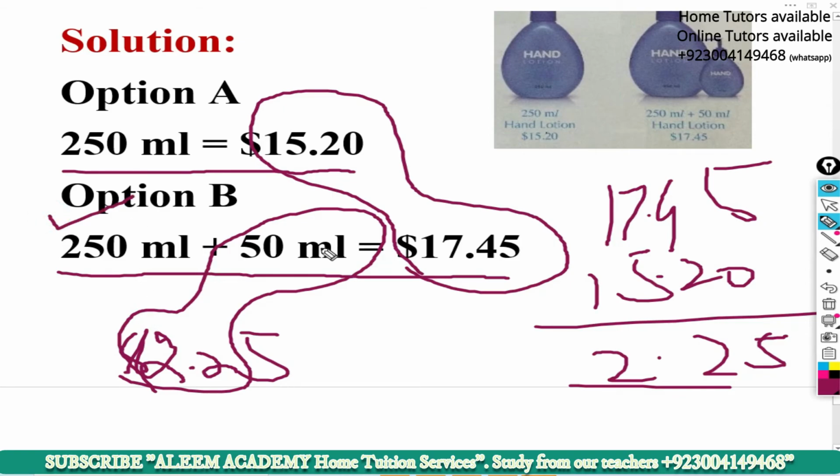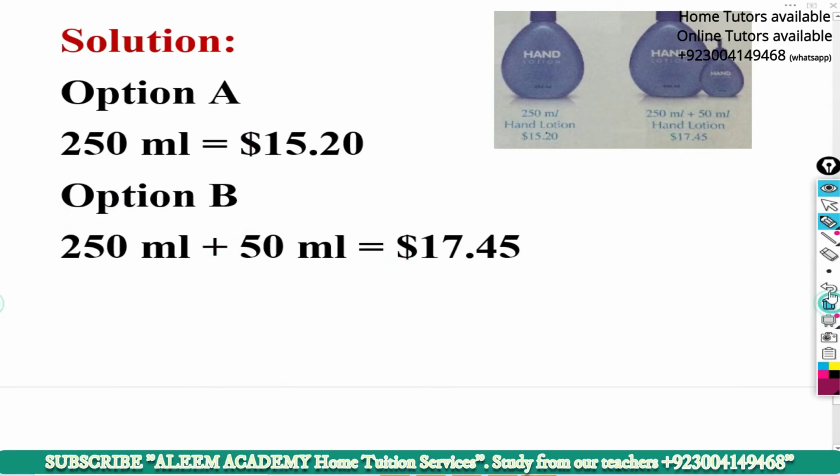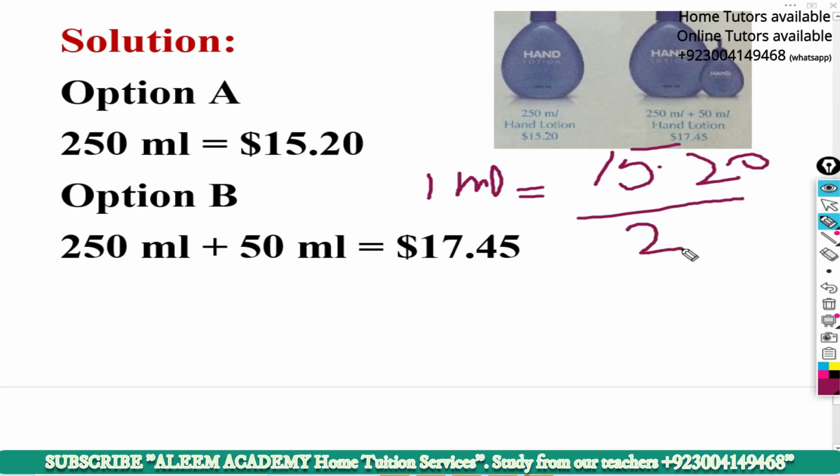This is one way to find this. Let me tell you the other way. The other way is that you can just see what is the value of 1 ml. 1 ml from option A will be equal to $15.20 divided by 250.